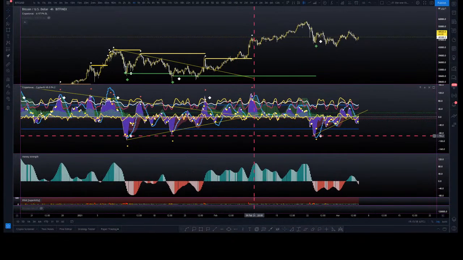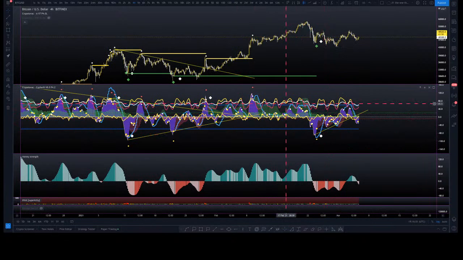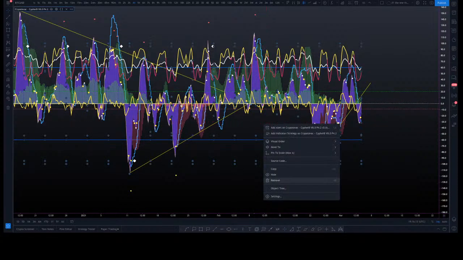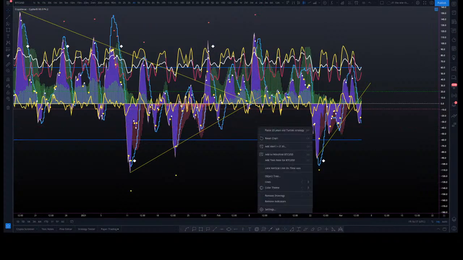So this is very important to know: trend lines and patterns in the waves are very clean to work with. Now, to drawings.